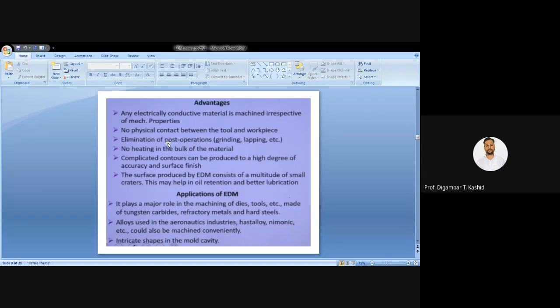Any kind of complex contour can be produced by this process, because you have to make the tool in such a way that this tool is the prototype of the workpiece shape to be machined. So you can generate the same replica in your workpiece.